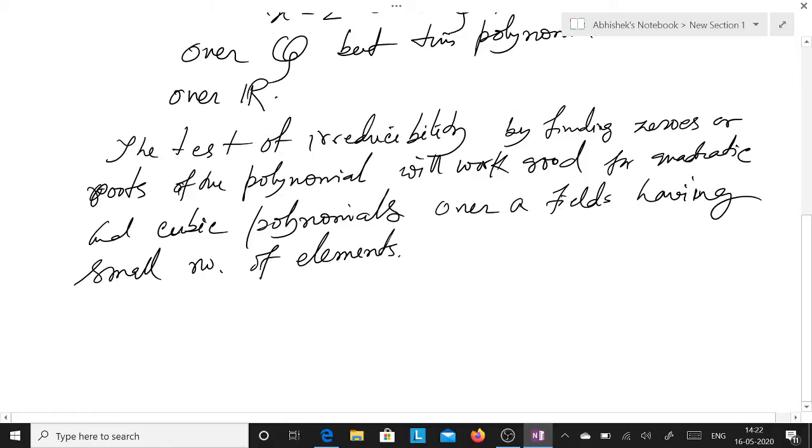But it will not work well for large fields, and that is why we need to have some criteria at hand to determine irreducibility of polynomials in F[x].